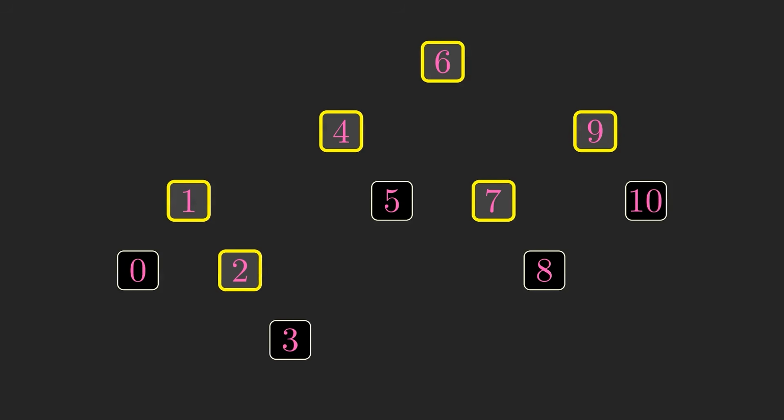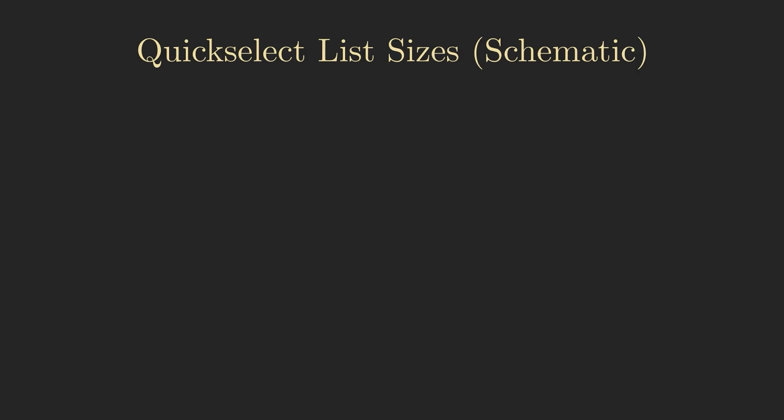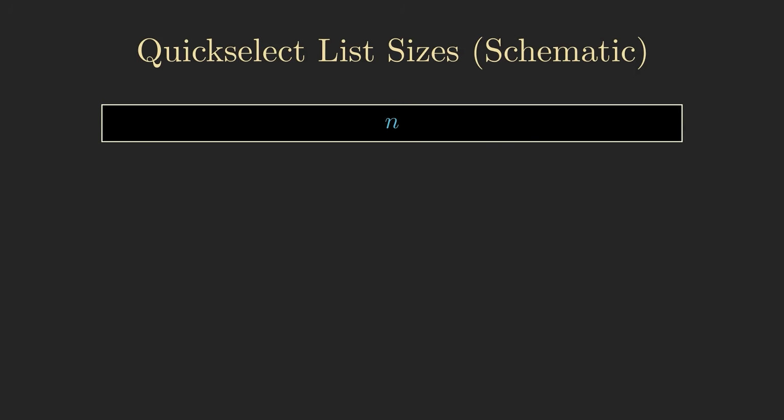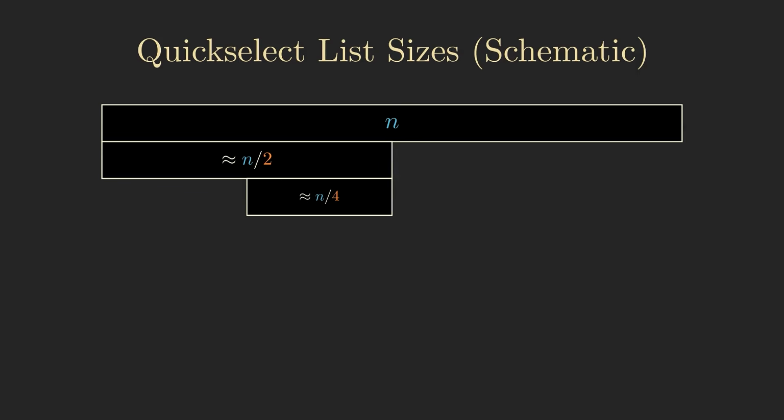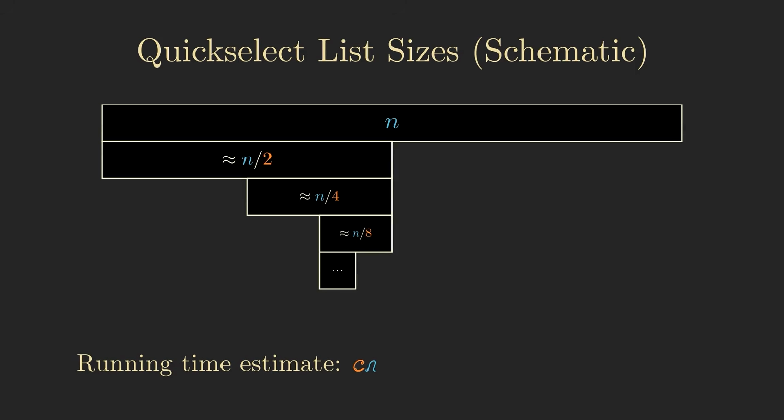How much faster? Well, if we do the same kind of intuitive but slightly flawed analysis we did for Quicksort, we can still estimate that the sizes of the left and right sublists get cut roughly in half at each step. But now we're only keeping one of them, not both. So we could estimate the total work as c times n plus cn over 2 plus cn over 4, etc. for some finite number of terms until the blocks get down to a size of 1.